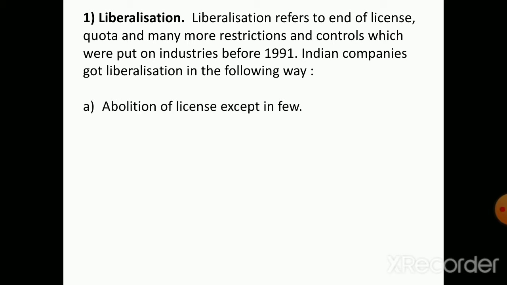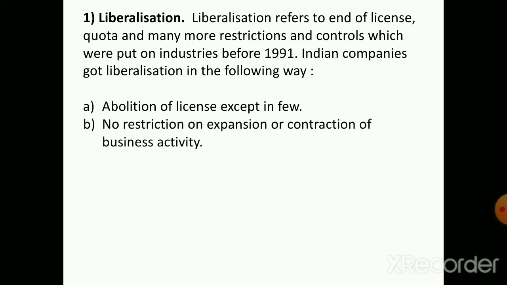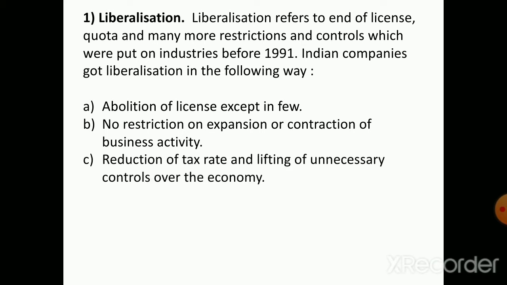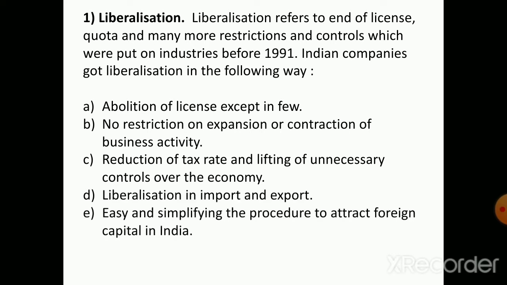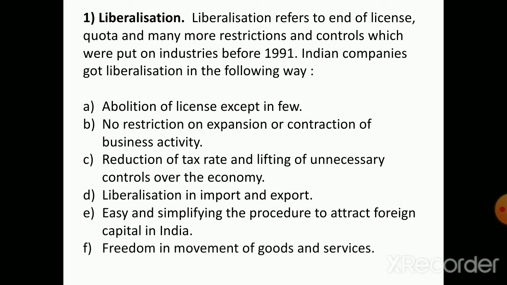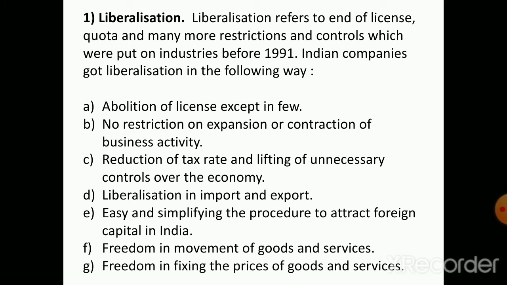First is abolition of license except in few, no restriction on expansion or contraction of business activity, reduction of tax rate and lifting of unnecessary control over the economy, liberalization in import and export, easing and simplifying the procedure to attract foreign capital in India, freedom in movement of goods and services, and freedom in fixing the price of goods and services. So these were some restrictions and controls which were put on the industries before 1991, which after liberalization got access to all these.